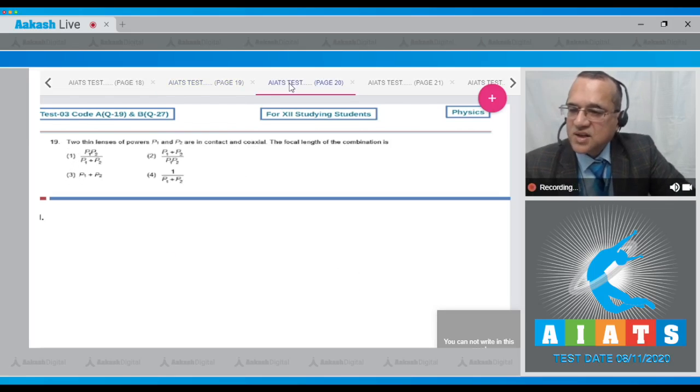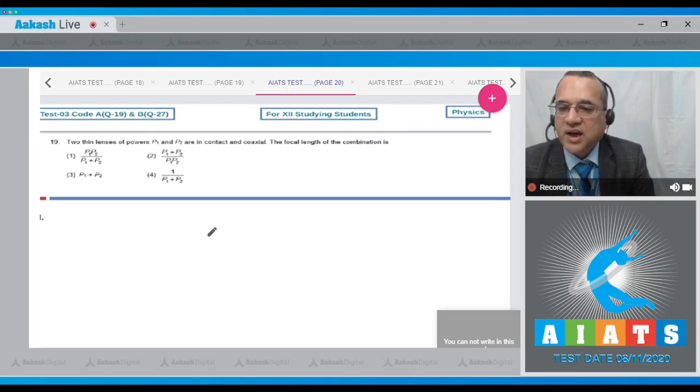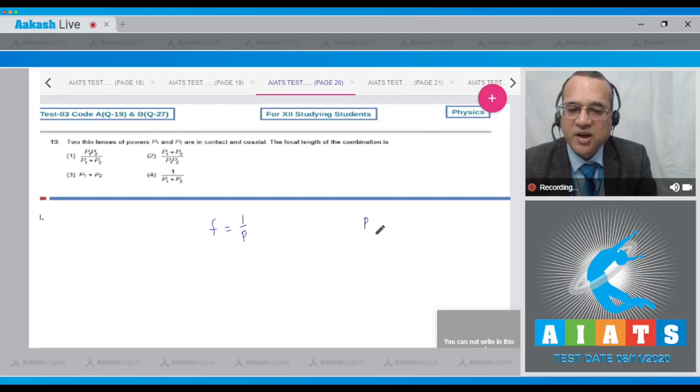Question number 19 says, two thin lenses of power P1 and P2 are in contact and coaxial. Find the focal length of the combination. These are four options, and we know that the focal length is the reciprocal of the power. When two lenses are kept in contact, the total power becomes equal to P1 plus P2.